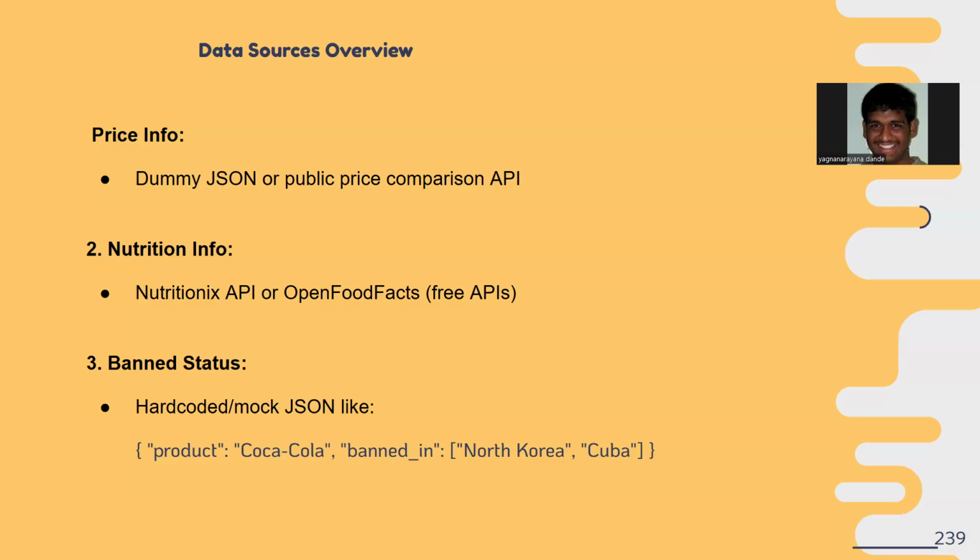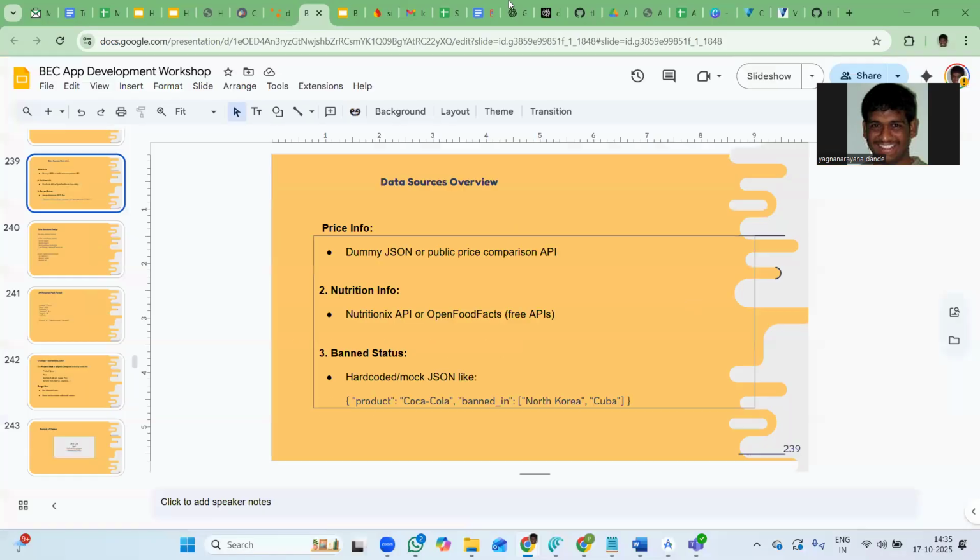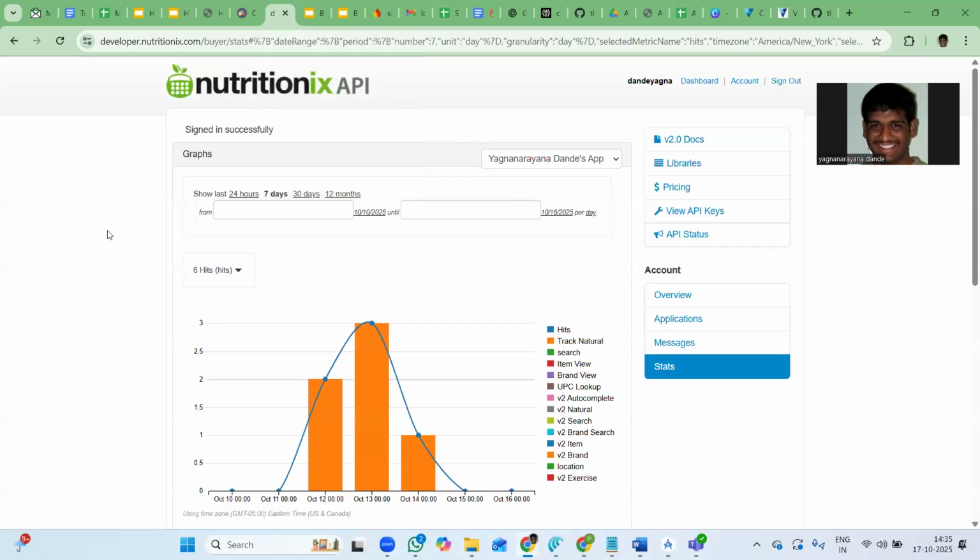And this API is hosted on a site called nutritionix.com. So you need to go to that particular website, create an account, and after that you need to create keys.